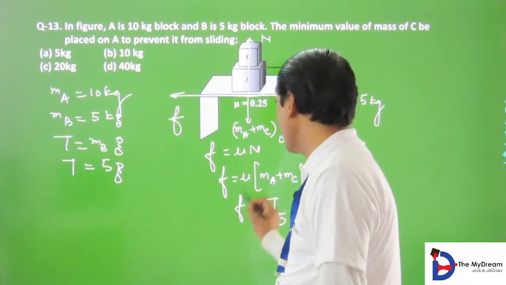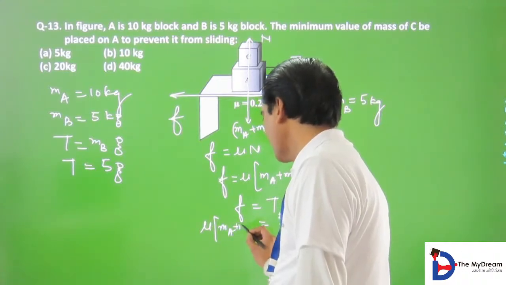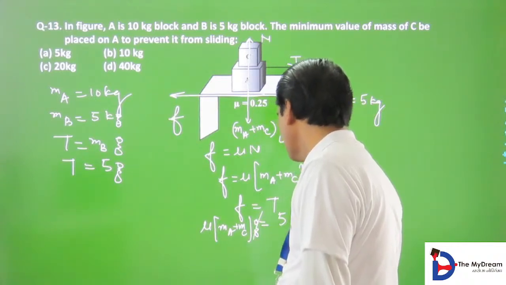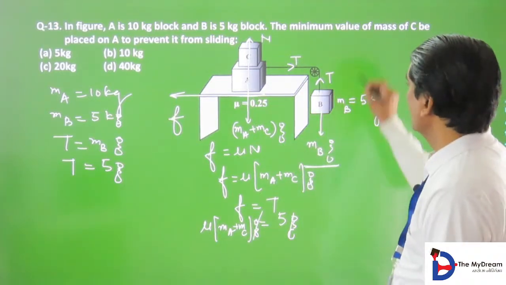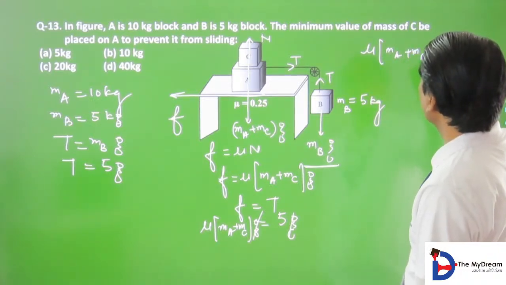And this is mu times mass of A plus mass of C into G.